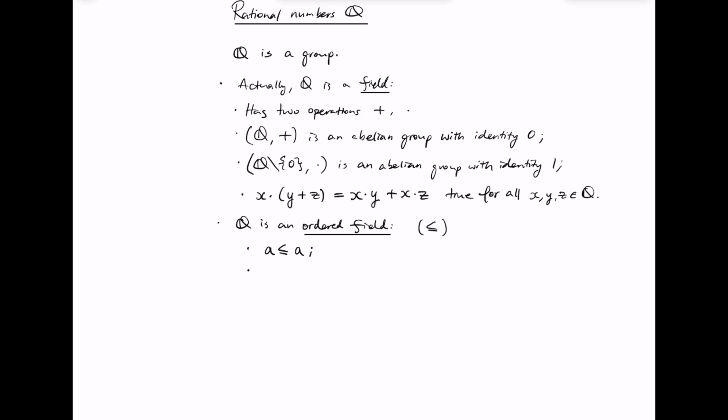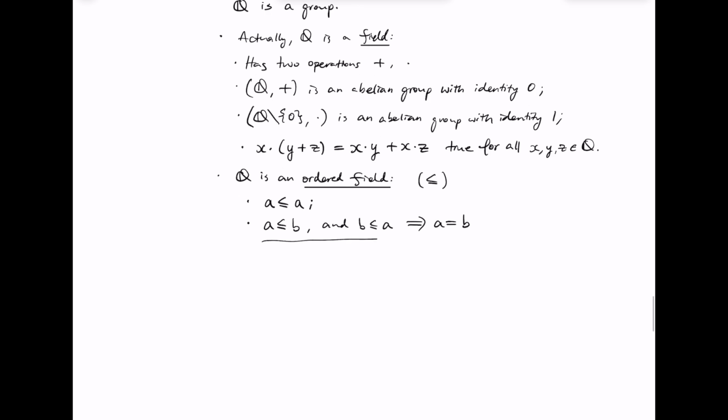It's also what's called anti-symmetric, meaning that if you have A less than or equal to B, and B is less than or equal to A, then the only case when this can happen is when A is exactly equal to B. That makes sense with numbers. 2 is less than or equal to 3, but 3 is not less than or equal to 2, and they're not equal. So the only case when both of these things can happen is when you have equality of these two elements of the field.